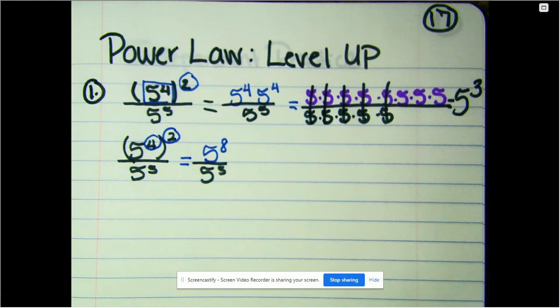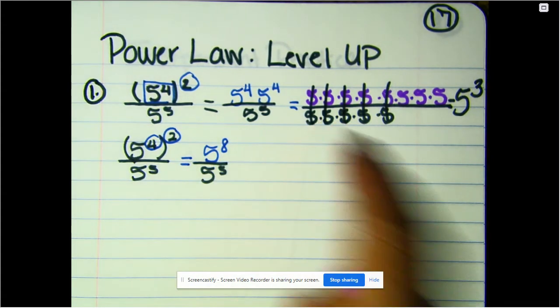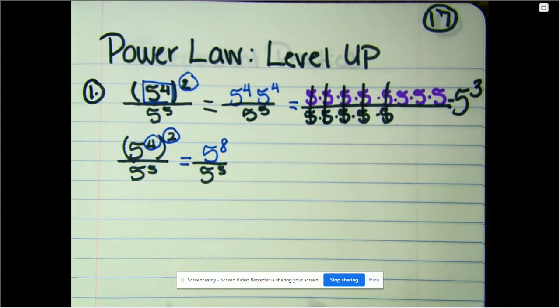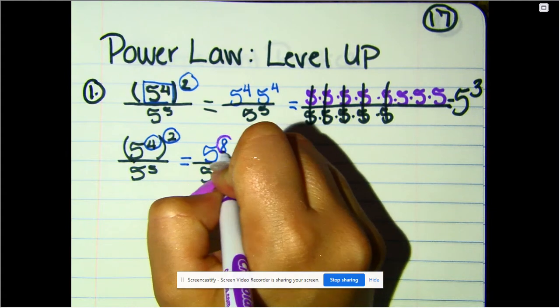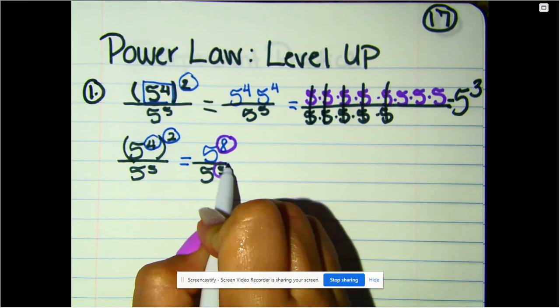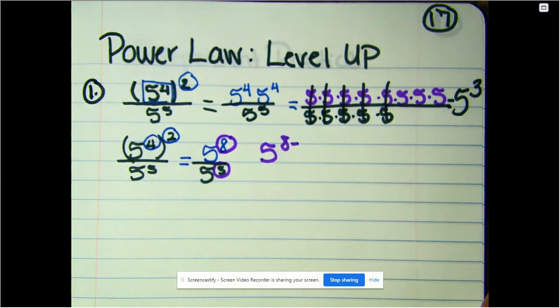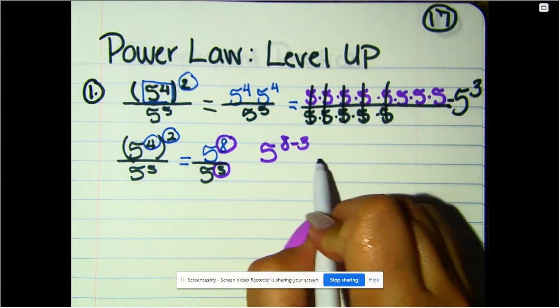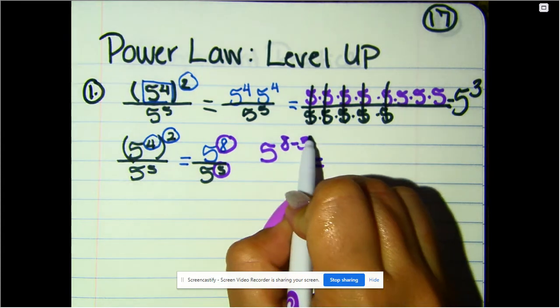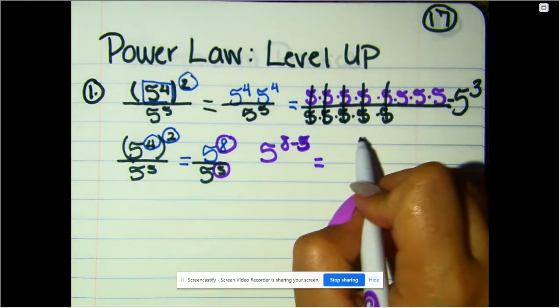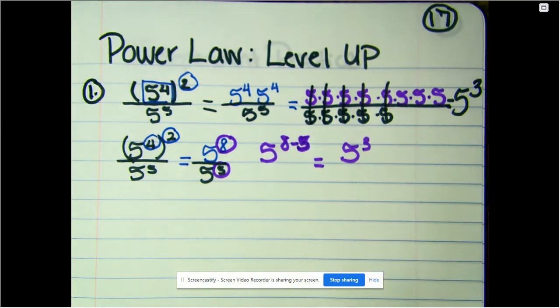From here, you could expand them if you wanted to, or we could have used our quotient law and subtracted 8 minus 5 because we are dividing. Whenever we divide exponents, we subtract them. 8 minus 5 is 3, so it would be 5 to the 3rd power. So again, there are multiple ways that you can solve the problems today. Please choose the one that works best for you.